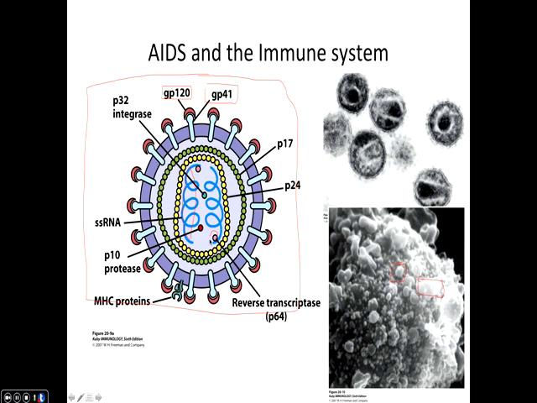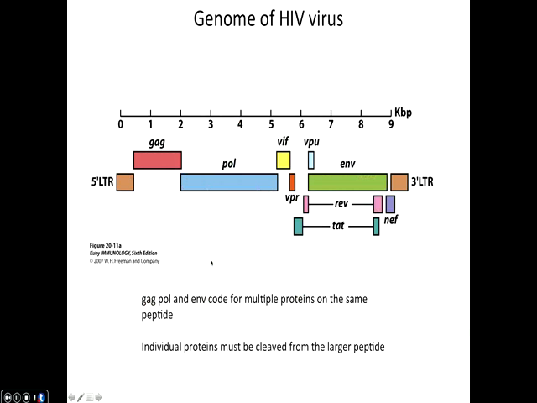It has to bring with it its own reverse transcriptase, because it is going to have to make a copy of that RNA and turn it into DNA. It has integrase, which is important because that's how the DNA made from reverse transcriptase is going to be integrated into the host genome. And that carries with it protease, which is important for cleaving up some of the proteins, which you'll see in a minute. So that's the basic structure of it.